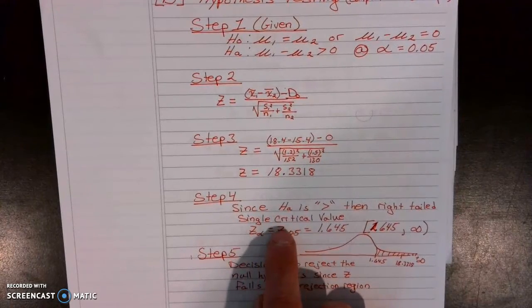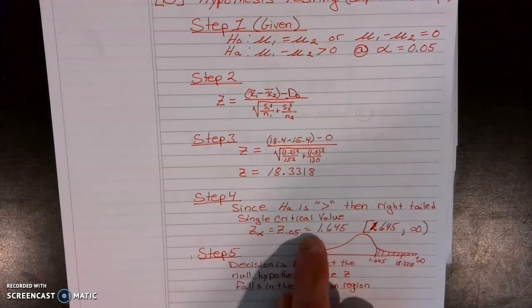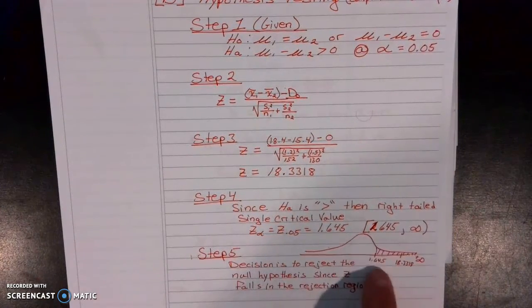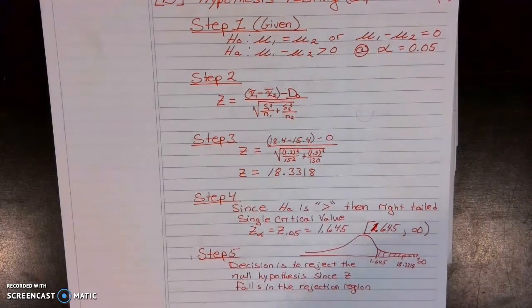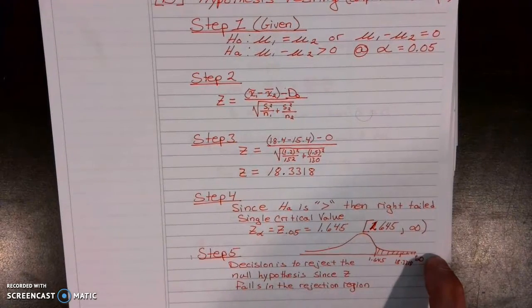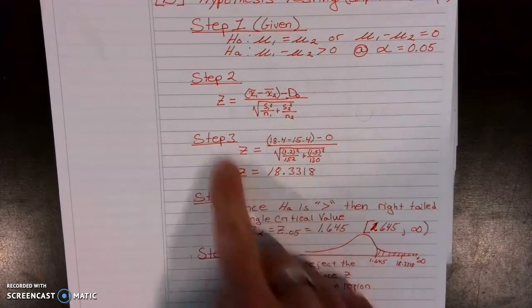We can also say that the single critical value, which we figured out on the previous page, is 1.645. Essentially, the rejection region is the interval from 1.645 to positive infinity. Now, what we need to figure out is where this value falls.